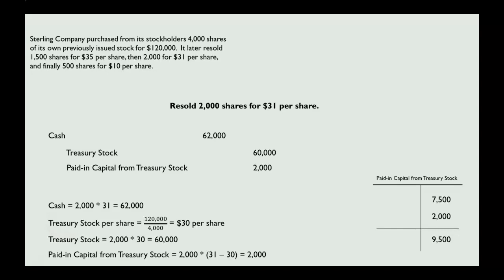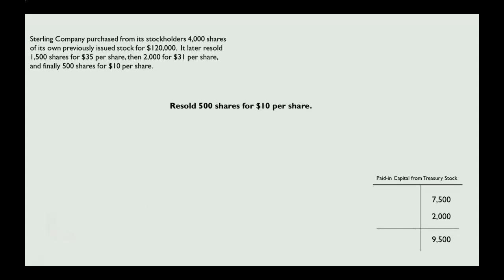And that's going to come into play here in the last journal entry. Here, when we sell 500 shares for $10 per share. So we see that we're going to be getting cash because we're selling treasury stock. So we debit our cash and we credit our treasury stock.